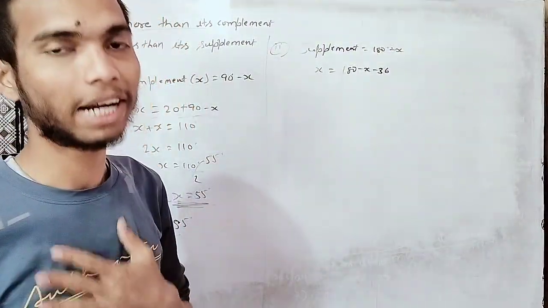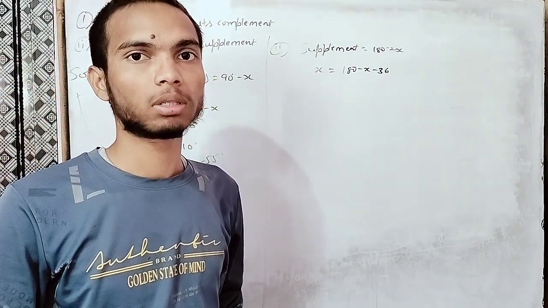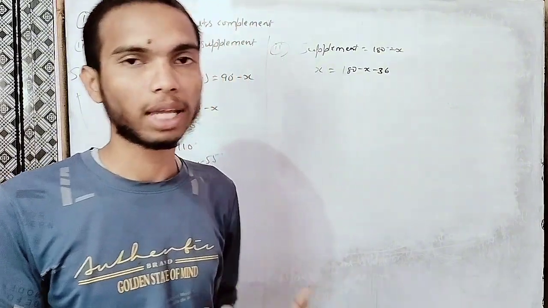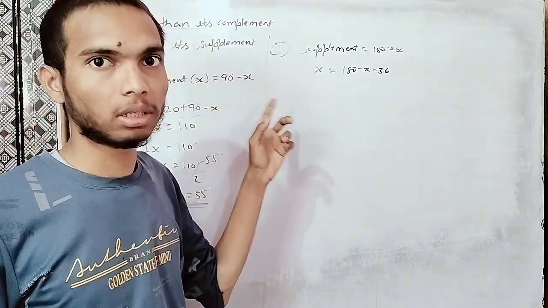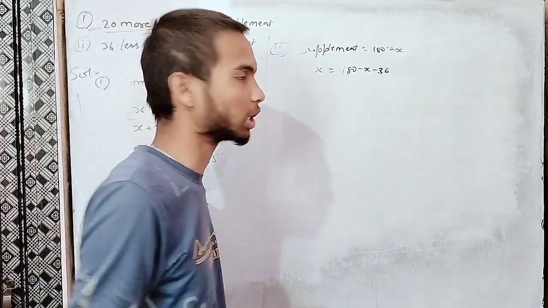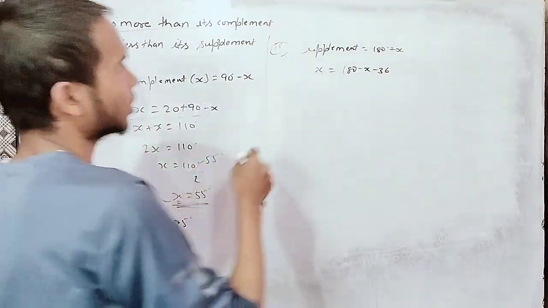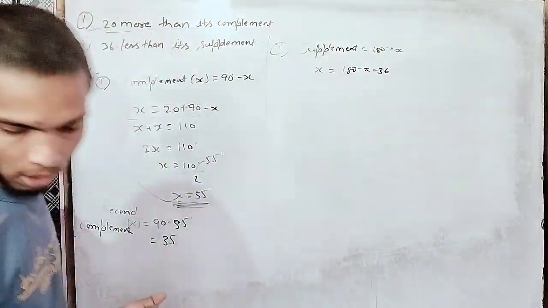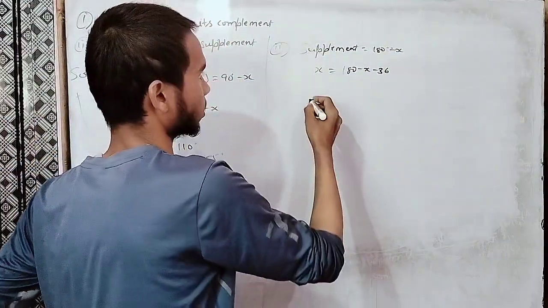So we have a statement, and we are going to simplify it so that we can get the exact value of our given statement. We are going to find it out by simplifying. This is a statement, and we just converted this statement into an equation, a linear equation.